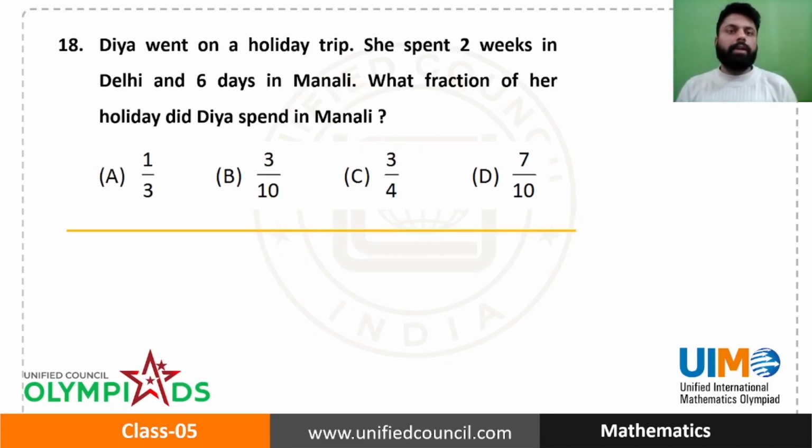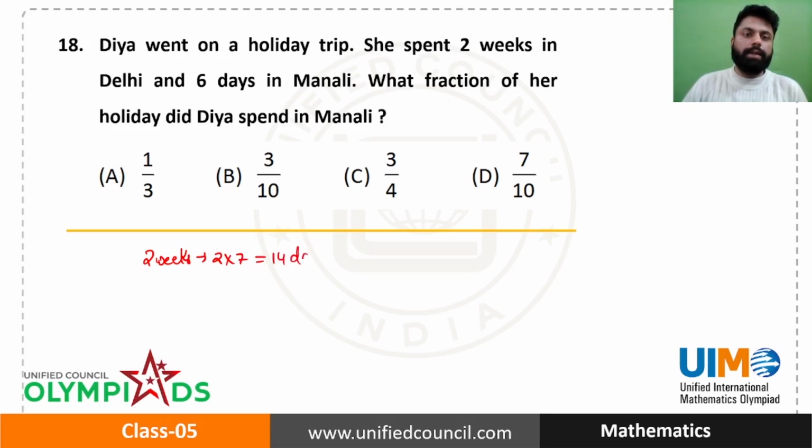Next one. Dia went on a holiday trip. She spent 2 weeks in Delhi and 6 days in Manali. 2 weeks means 2 into 7, that is 14 days in Delhi. In Manali, 6 days.